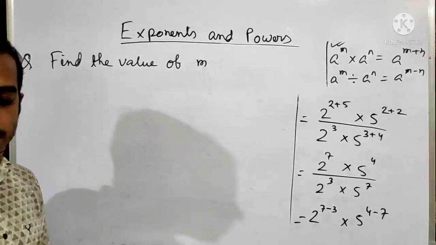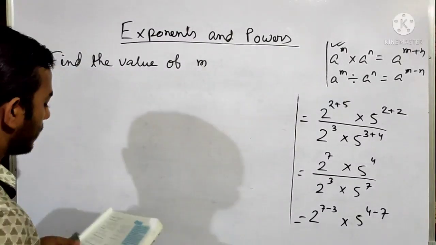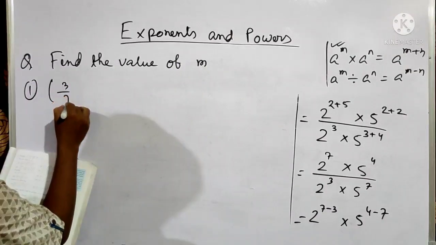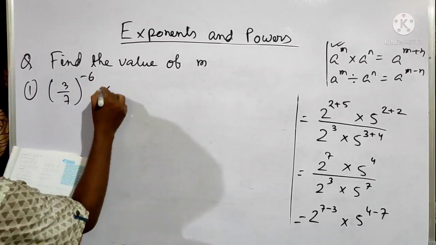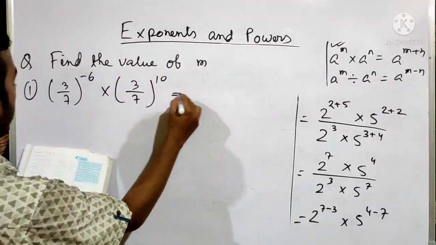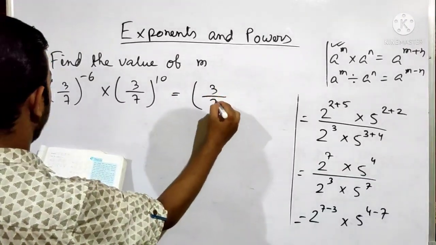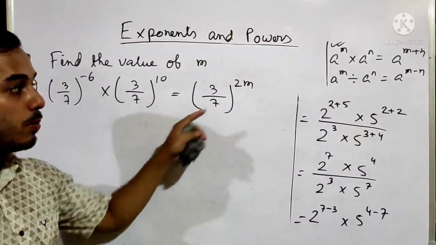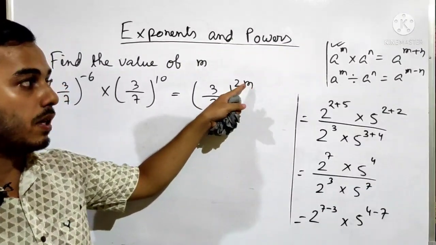So our first expression is number 1: 3/7 whole power minus 6 into 3/7 whole power 10 equals 3/7 whole power 2m. So here we have to find out the value of m. Clear?